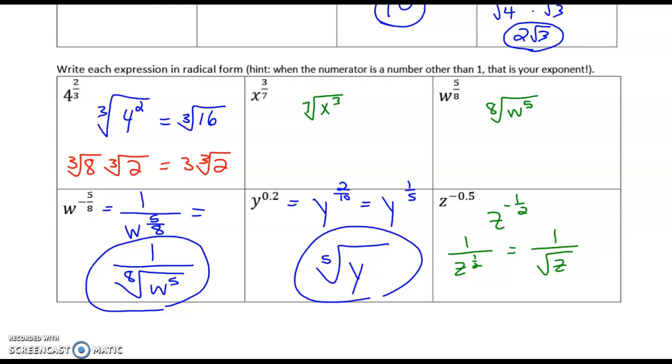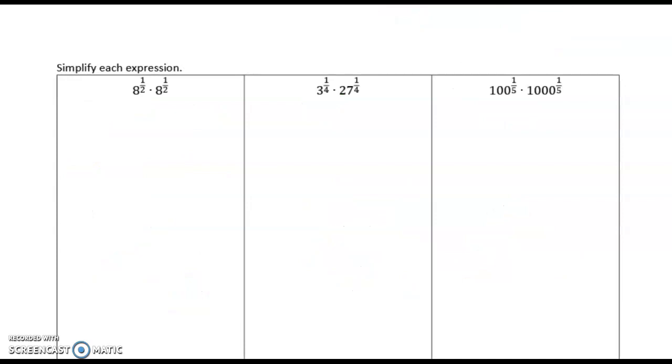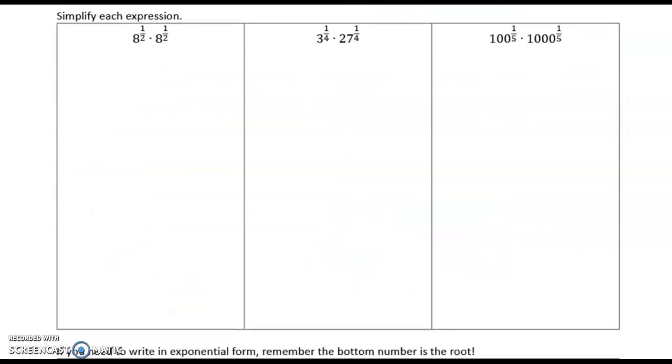All right, some more simplifying. As long as your bases are the same, remember that we can add those exponents. So on this one, we can rewrite this as 8 to the 1/2 plus 1/2. So that's going to become 8 to the first power, or just 8.